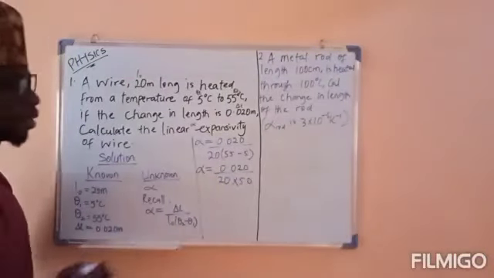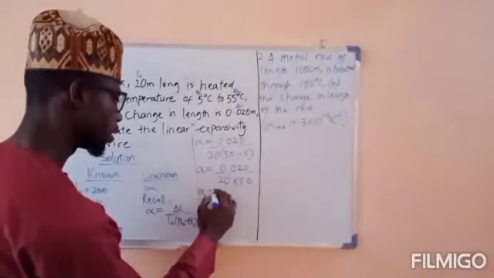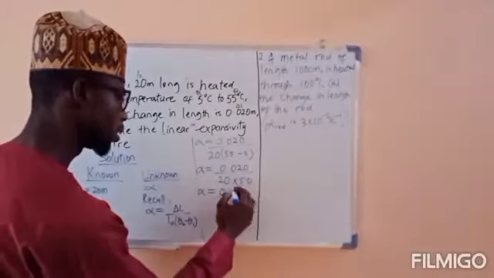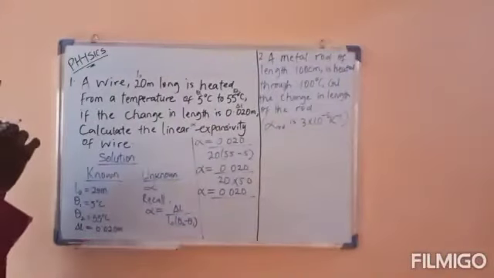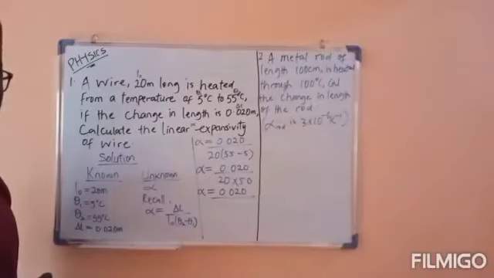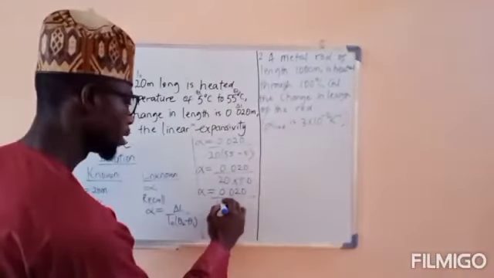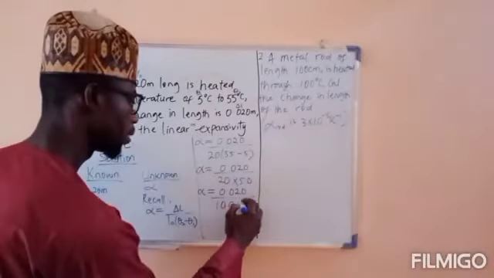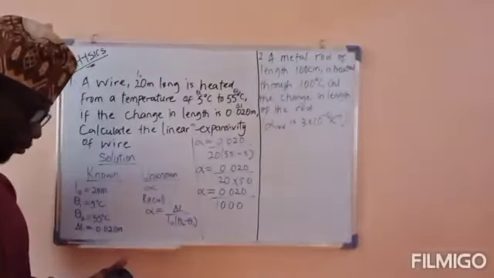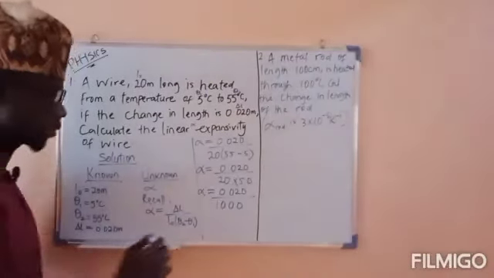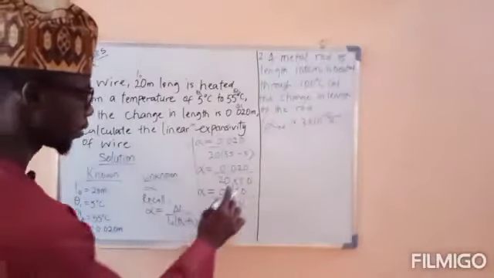Is that clear? Now, the next thing is, alpha is equal to 0.020 all over, what is 20 by 50? We are going to have 1000, right? Yes. Is that correct? Good. So the next thing is to divide this by this.